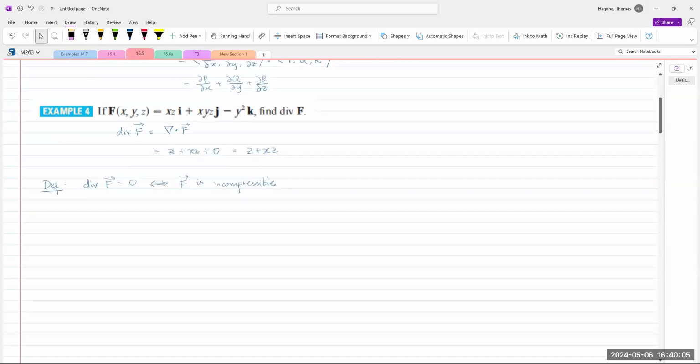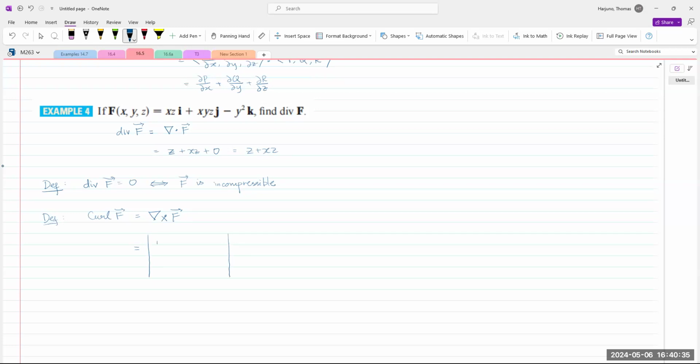Now let's go on with curl of F, another definition. Curl of vector field F is defined to be the gradient crossed with vector field F. Okay, I'm sorry, cross, not dot, cross, which we can see this way if you remember the cross product from a long time ago.